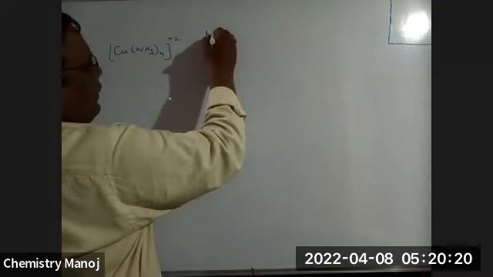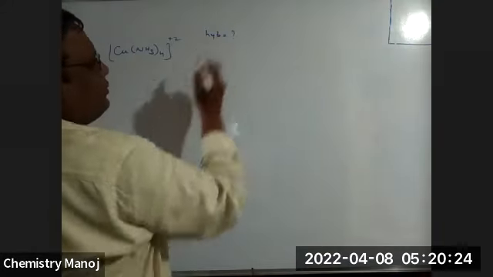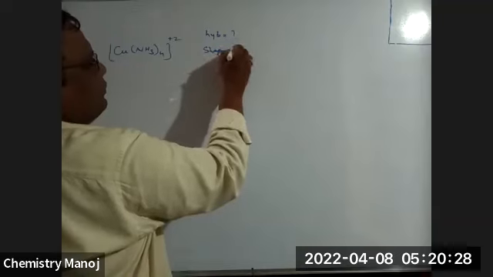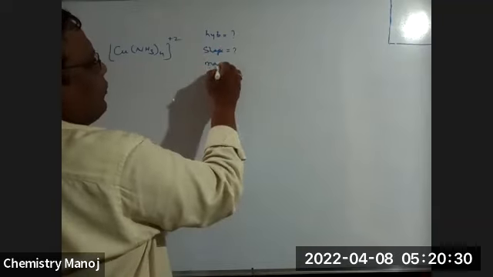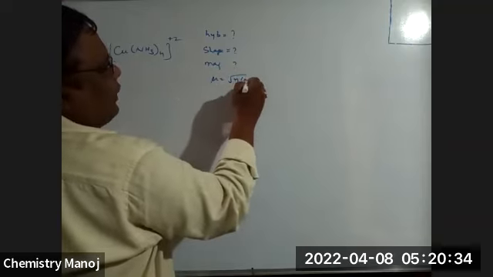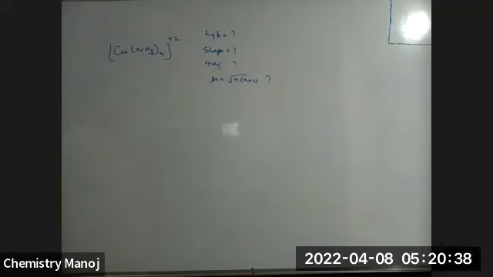First of all, what is the hybridization, shape, and magnetic property, mu equal to root n(n+2), equal to how much? This is my question for that complex.